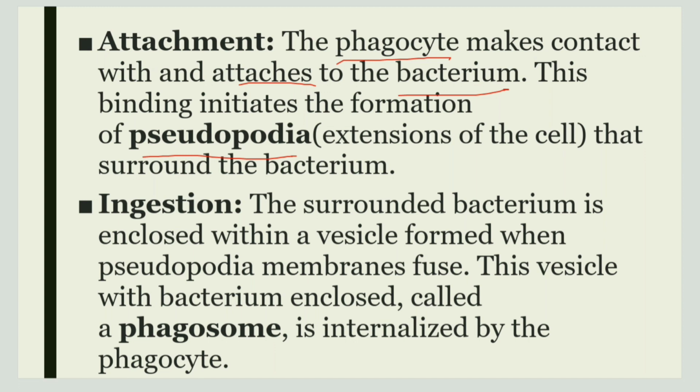This structure is known as a phagosome. So, a vesicle inside which a bacterium is enclosed is called a phagosome. This phagosome is later taken into the cell, and this process is called ingestion.